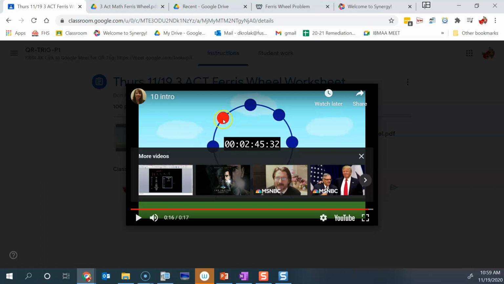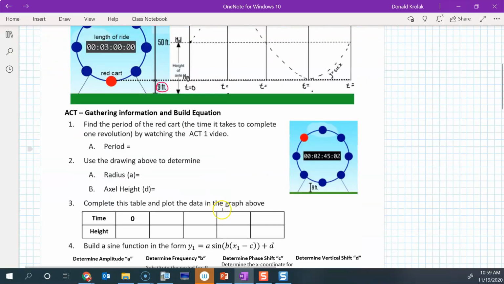So it moved 15 seconds. All right, so if it moved 15 seconds, this is your position after 15 seconds. Okay, so this is your height after 15 seconds.